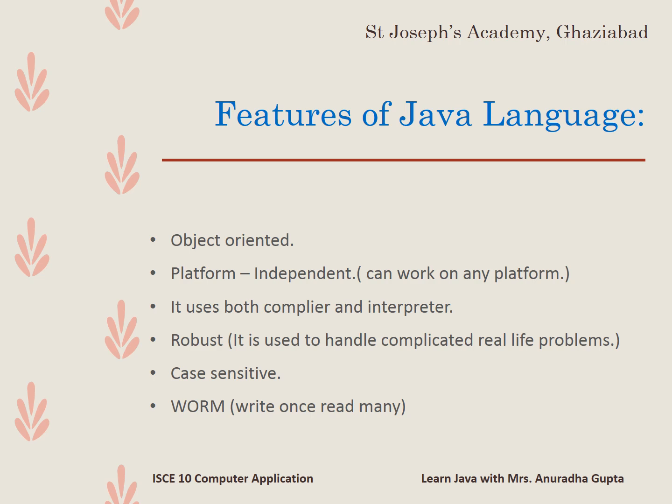Robust means it is used to handle complicated real-life problems. Next, it is case sensitive. Case sensitive means it treats capital letters and small letters differently. And the last feature is WORM: write once, read many. On one system we can write the Java programs, and on many systems we can get its output.